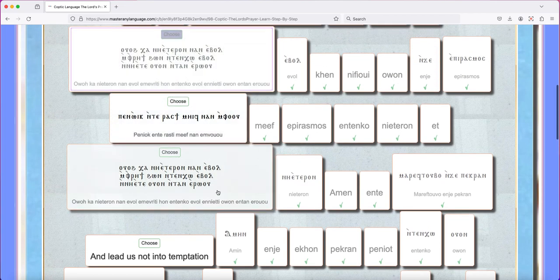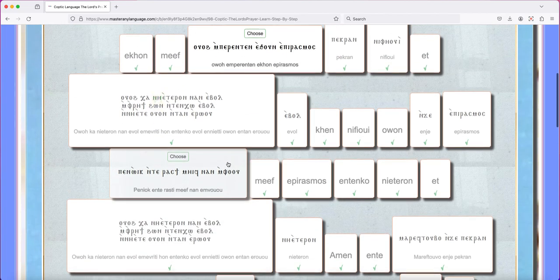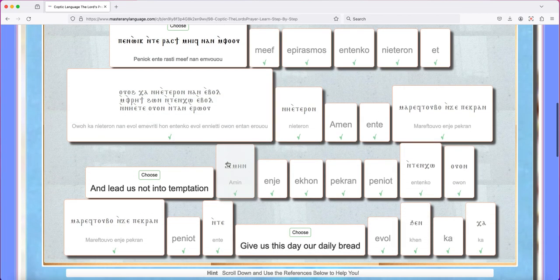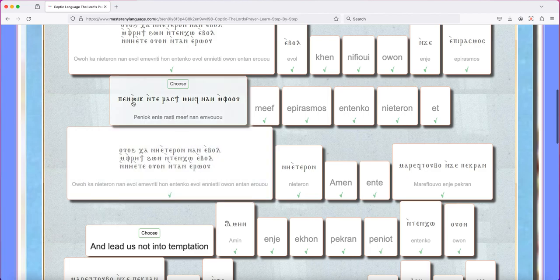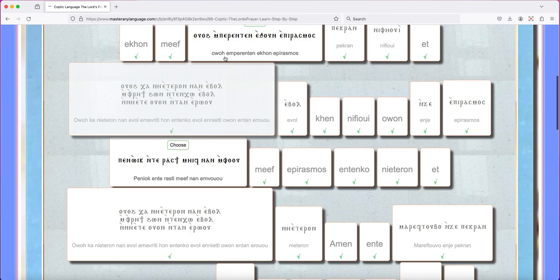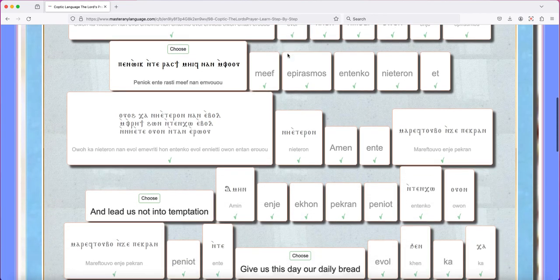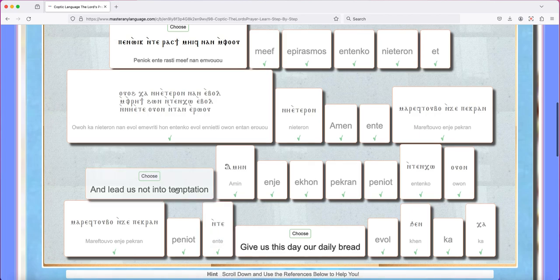Oh, that matches here. Remember, I'm not trying to know everything, so really it's Pinyoik interasti mif nan emevo and owo imperenten elchon epirasmos. And lead us not into temptation or give us this day our daily bread.